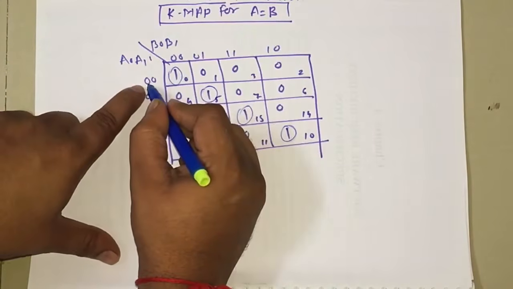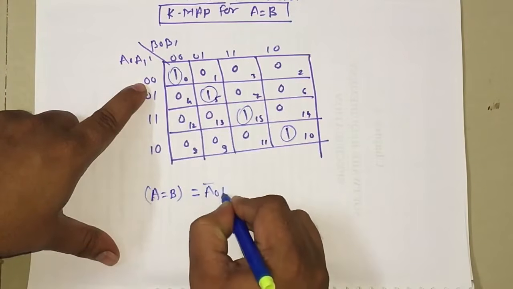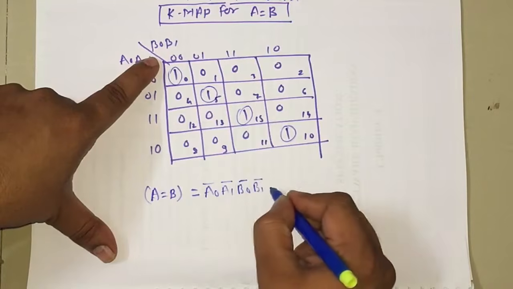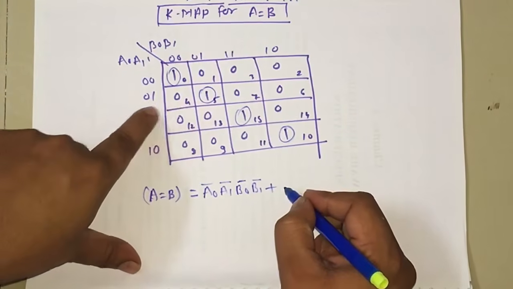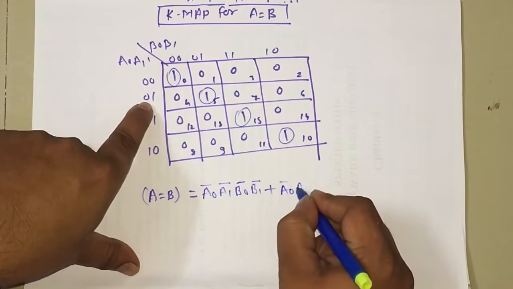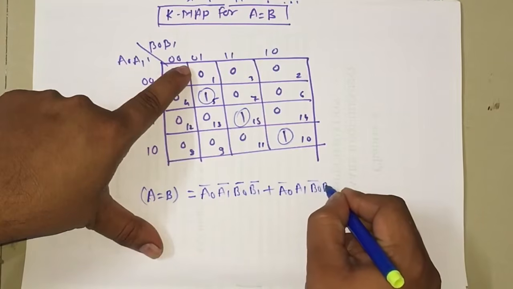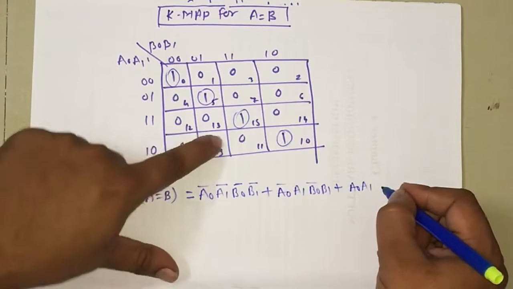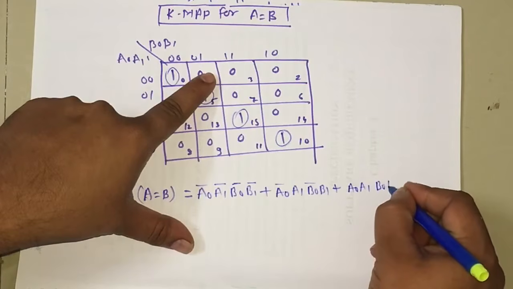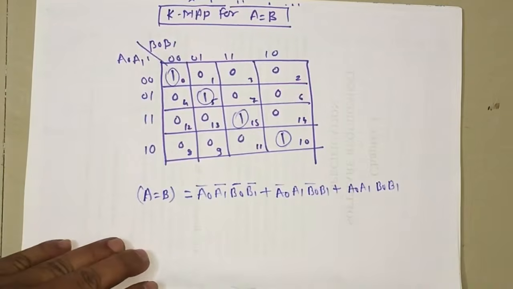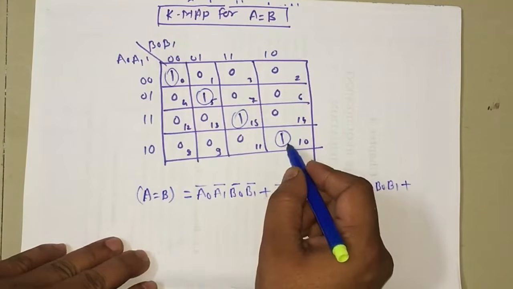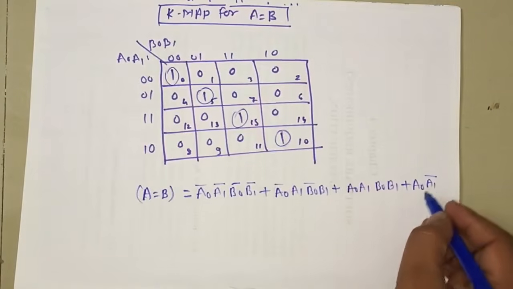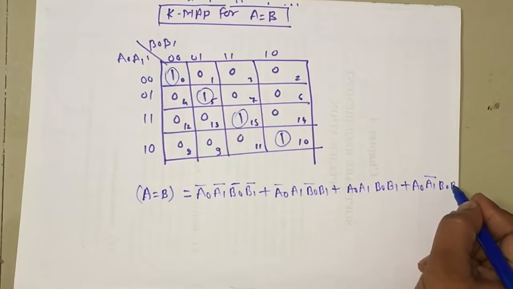For this one row value is 0 0, means A0 bar A1 bar, column value B0 bar B1 bar, plus for this one row value is 0 1, so it is A0 bar A1, column value B0 bar B1, plus row value 1 1, A0 A1, column value also 1 1, B0 B1, plus for the last one row value 1 0, A0 A1 bar, and B0 B1 bar.